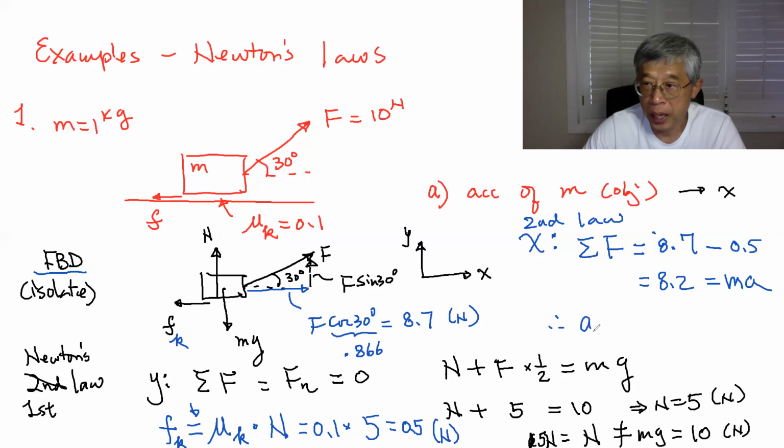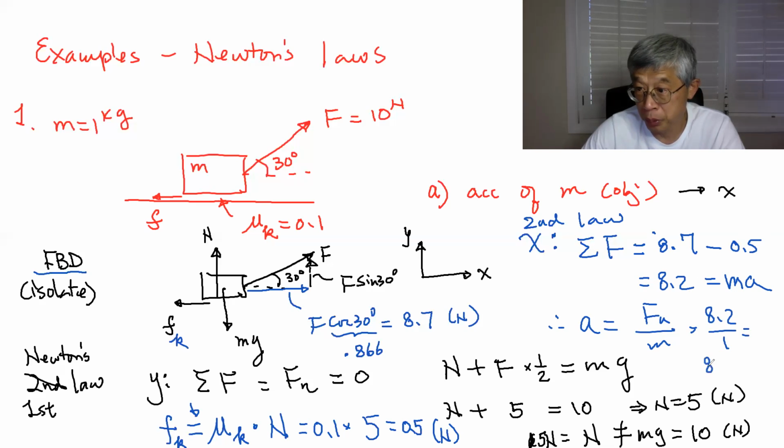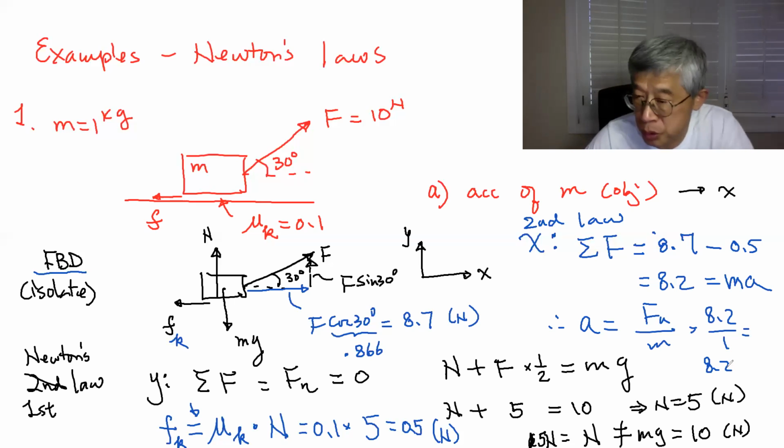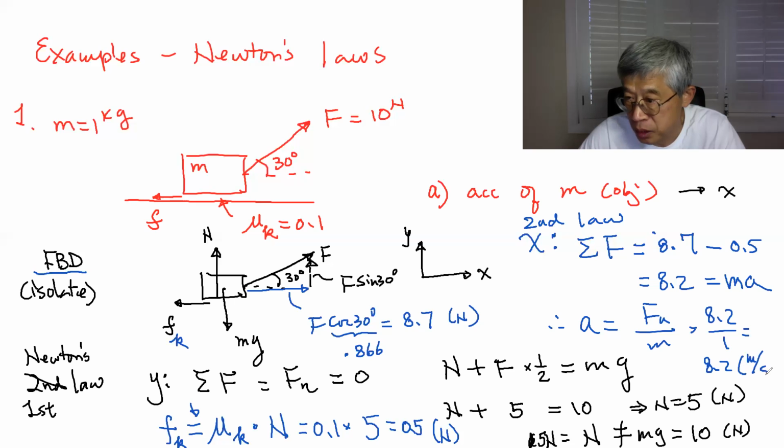So a is equal to your net divided by m, which is 8.2 divided by 1. So that's equal to 8.2, right? So it's pretty big. It's not 10, which is the gravitational acceleration, but it's going to accelerate, okay?